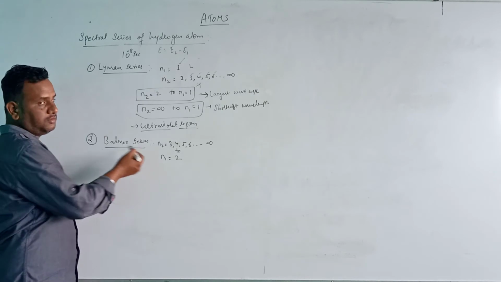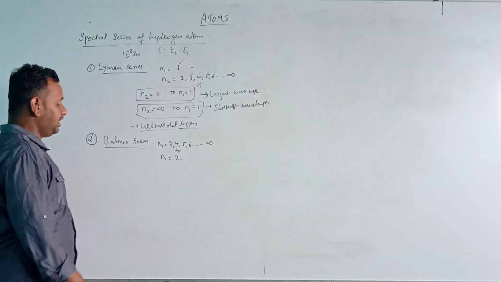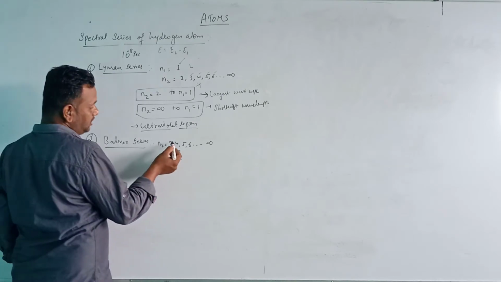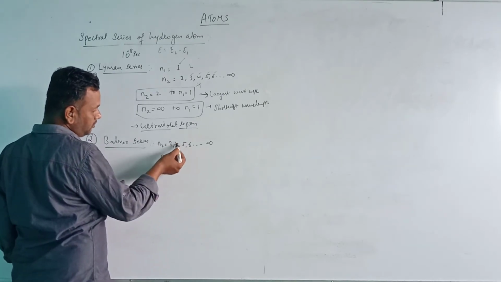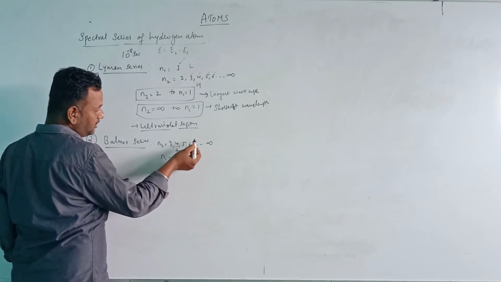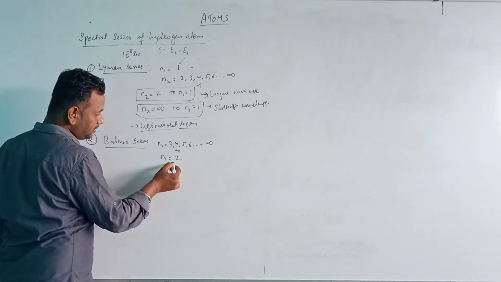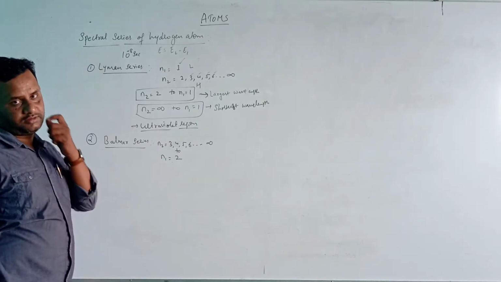So that is the Balmer series. Here the transition is taken from the higher orbit, meaning the third orbit, fourth orbit, fifth orbit, sixth orbit, up to infinity, to the second orbit.